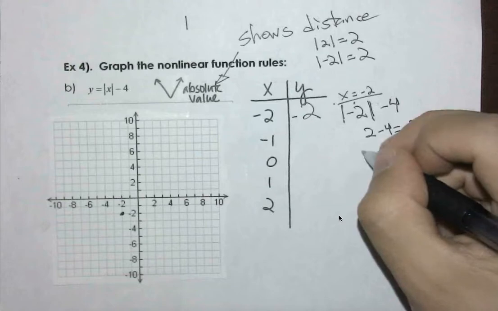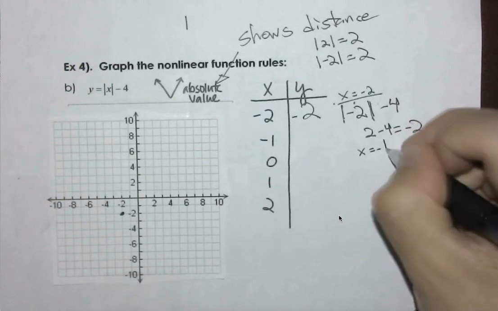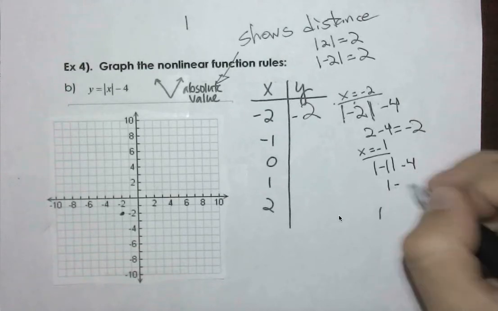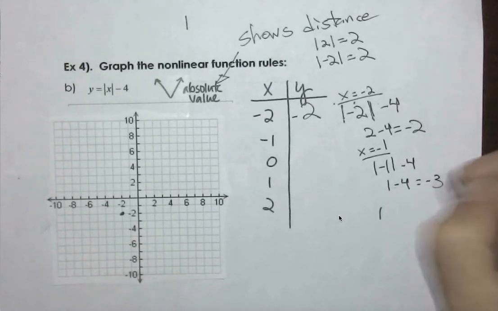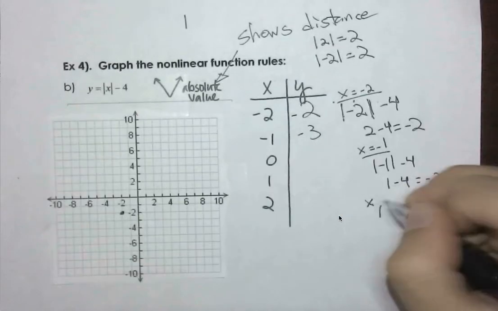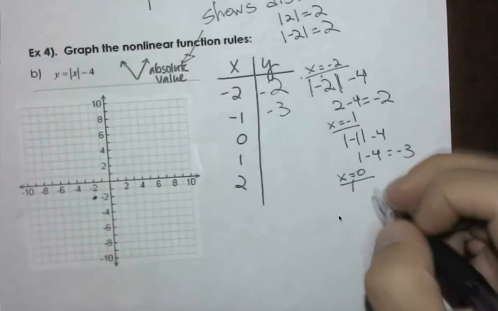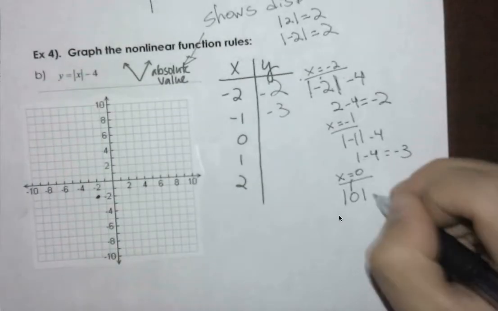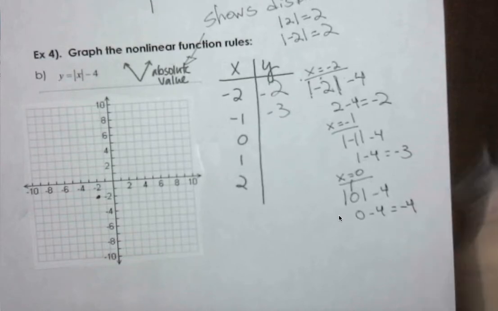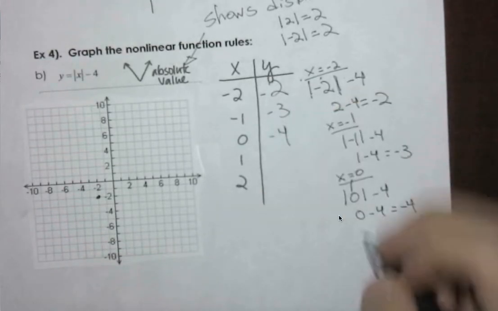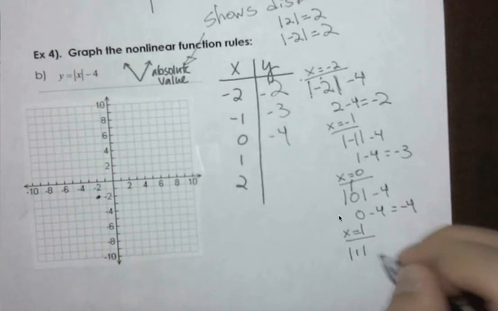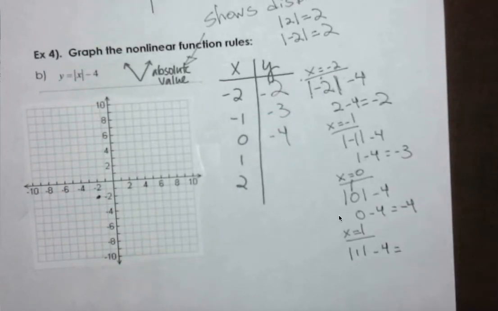When x is -1, absolute value of -1 minus 4, so really just 1 minus 4, so this is -3. Absolute value of 0 minus 4, it's just going to be 0 minus 4, so -4. And finally, when x is 1, absolute value of 1 minus 4, what do you think this outcome is going to be?